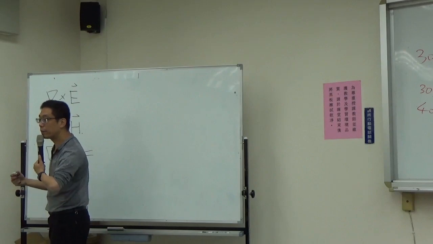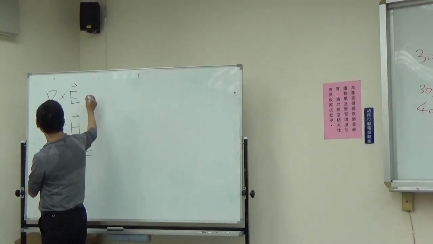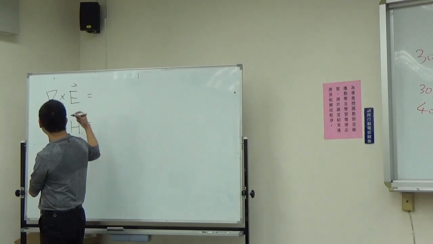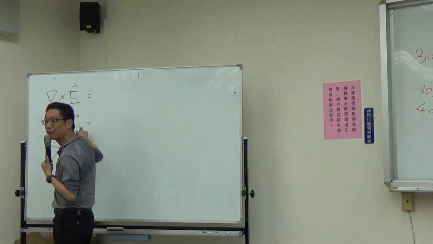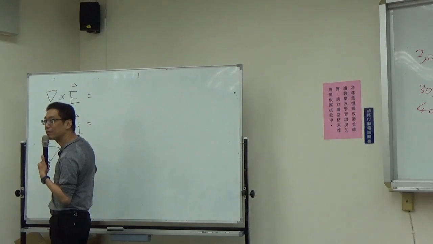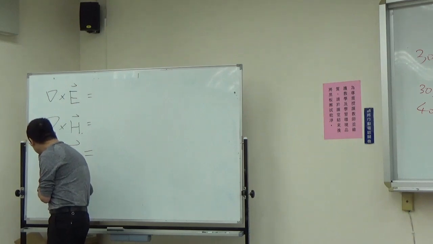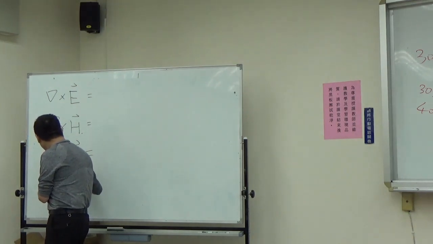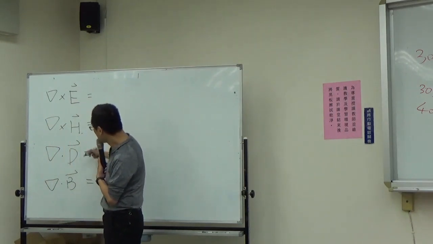If you have a bad memory like me, I will try to help you remember: you use a curl to E and H first, right? And then you do different things, but this is D because this is not only E but also considers your epsilon. Also, B equals. Okay, I will start from the bottom.